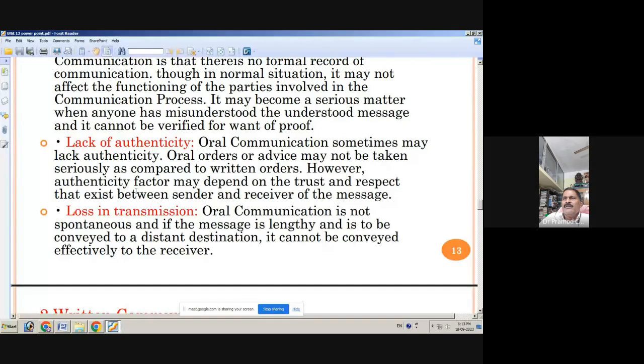Oral orders or advice given by the authority are not taken into consideration, because the workers or the co-workers will not believe them. But if it comes in written form, then automatically everybody will accept it.